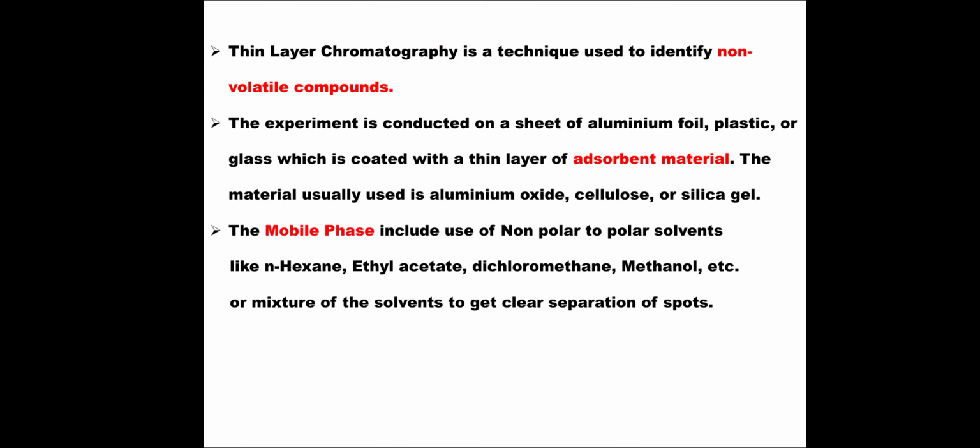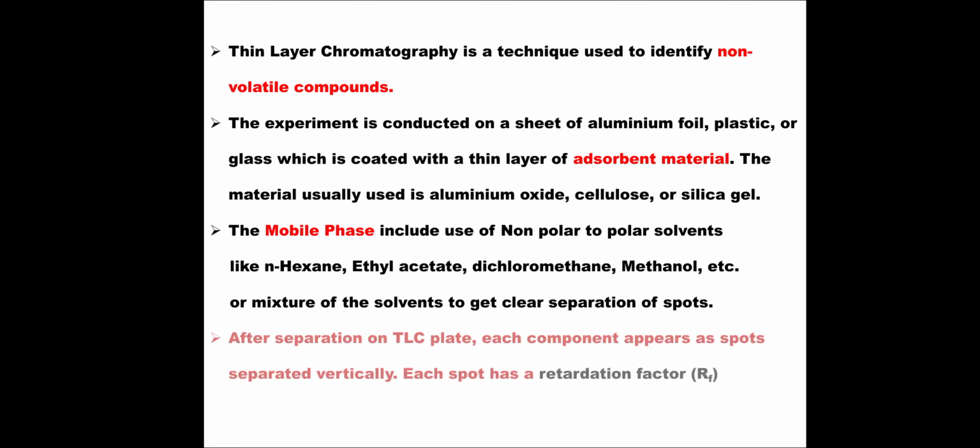The mobile phase includes the use of non-polar or polar solvents like n-hexane, ethyl acetate, dichloromethane, methanol or other volatile solvents. Or you can use a mixture of solvents to get a clear separation of spots on the TLC plate.